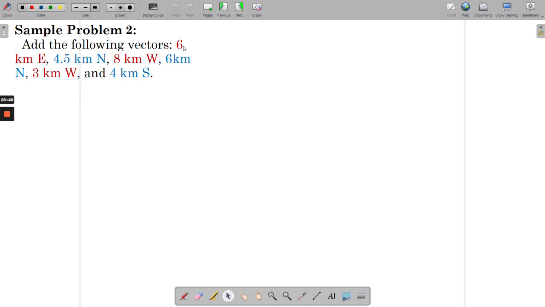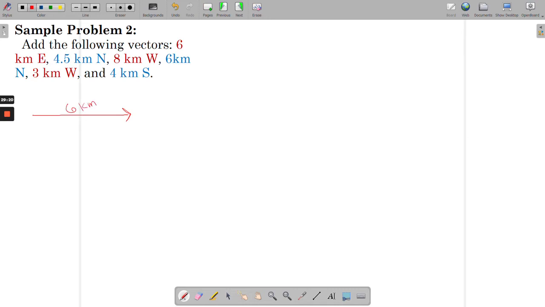The first magnitude that we have is 6 kilometers going east. So we're basically just going to draw, let's use the red line here. The first one is going east, and this is 6 kilometers going east.